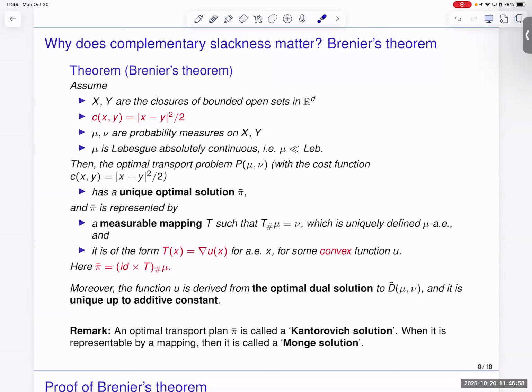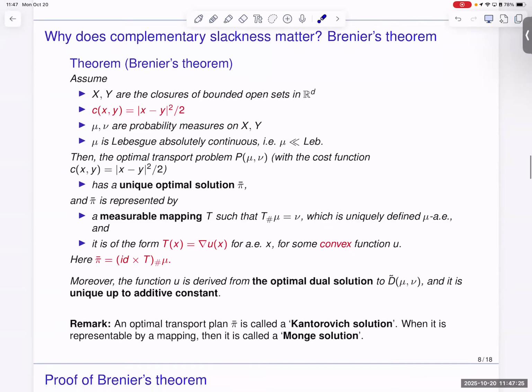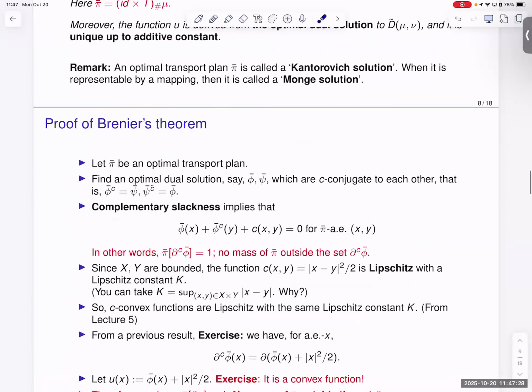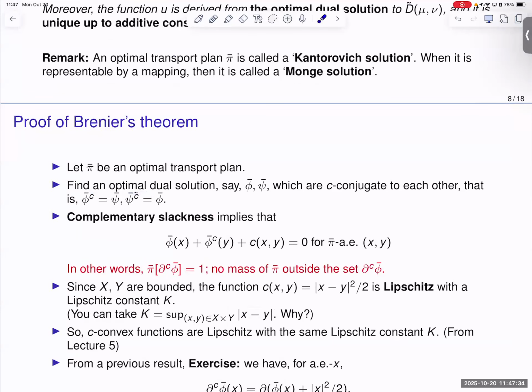What should be our starting point? Where do you get such C-convex functions? Yes, exactly. We can start with the dual problem, and we can find an optimal solution there. I mean, we have the dual attainment. So we have dual optimal solutions, which are C-convex functions.